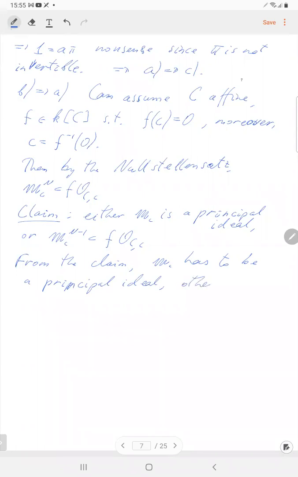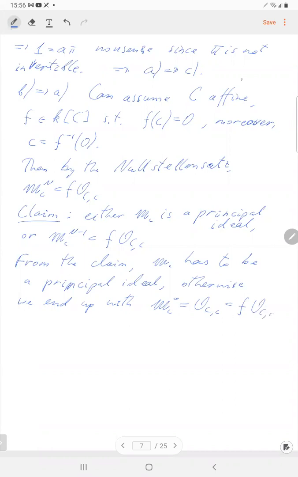Otherwise, we do this infinite descent and we end up with the maximal ideal to the power 0, that is just the local ring itself, is contained in f.